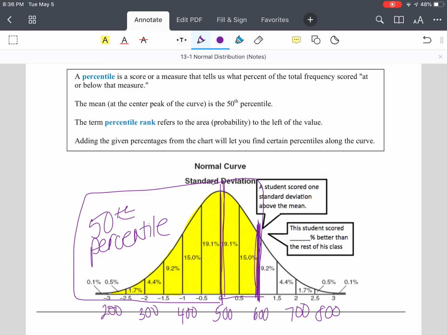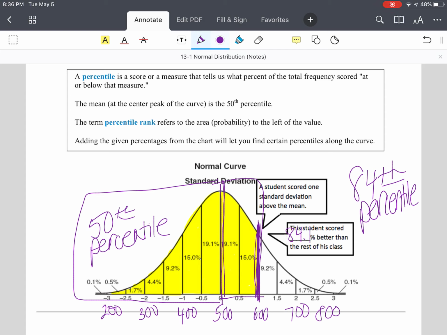When you add all those up, you get 84.1. You did better than 84.1% of all the people that took that math SAT. Makes sense, you did better than the average. So you are in the 84th percentile.